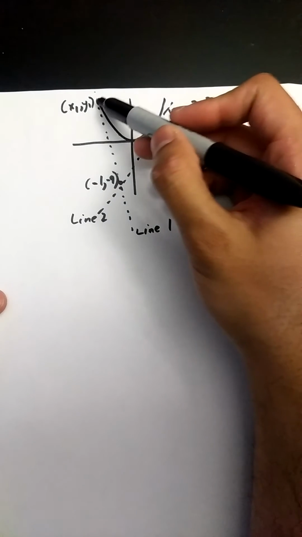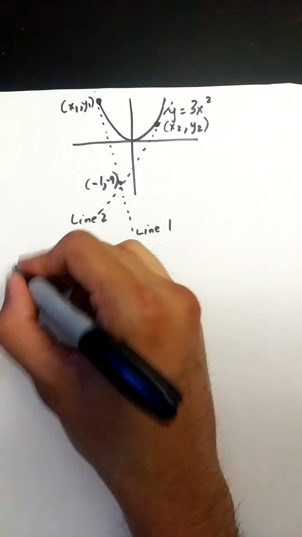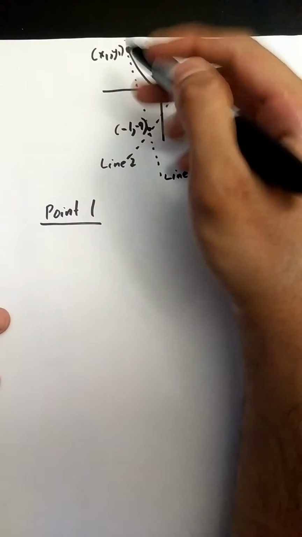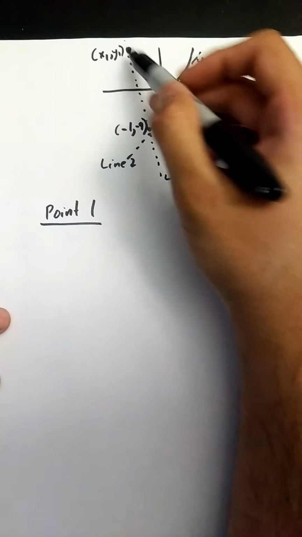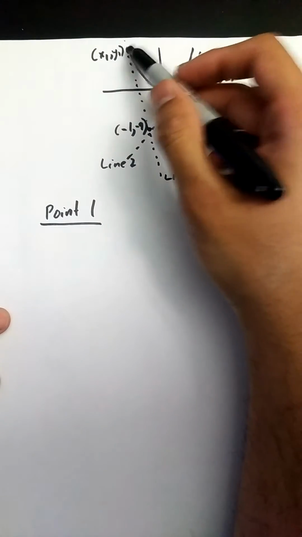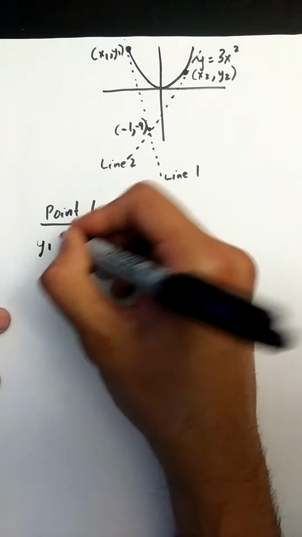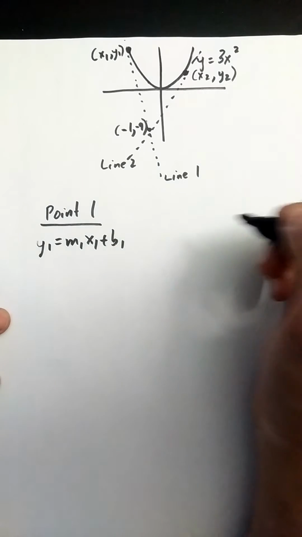The first thing I'm going to do is start working with this point right over here. At point 1, I know I have an equation of a straight line, and then I have an equation of the quadratic function, and they intersect at that point. So my equation for point 1 for my straight line would be y1 equals m1 x1 plus b1.